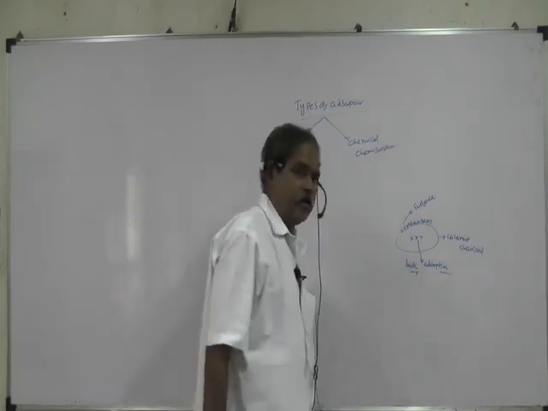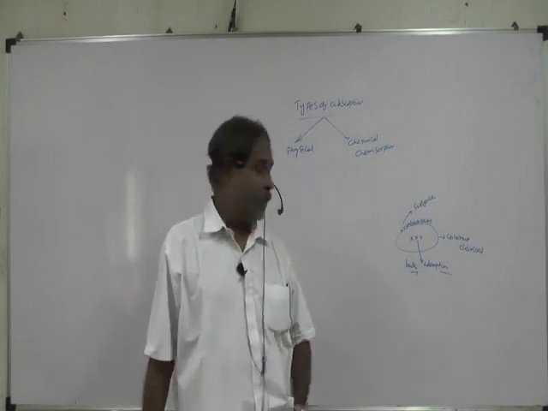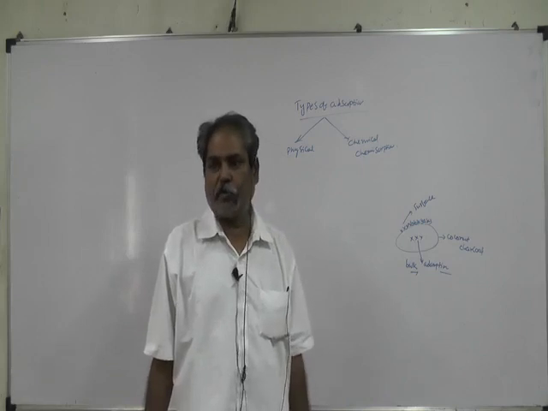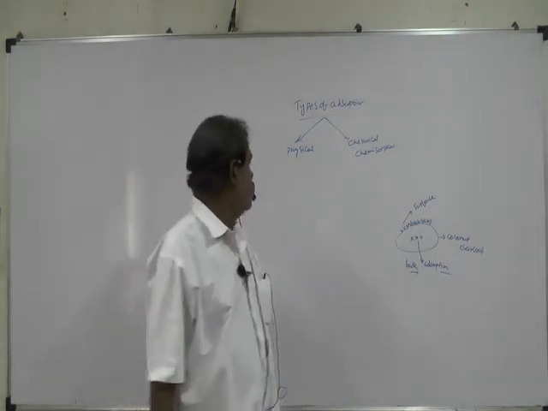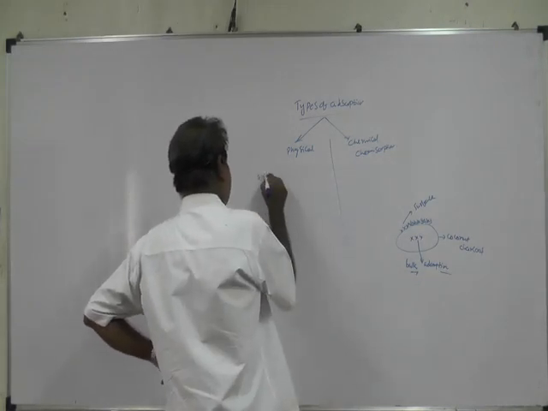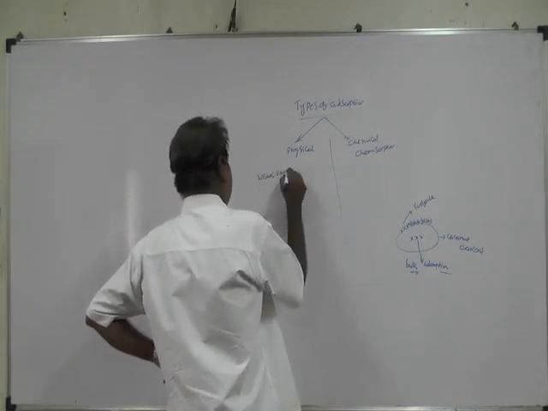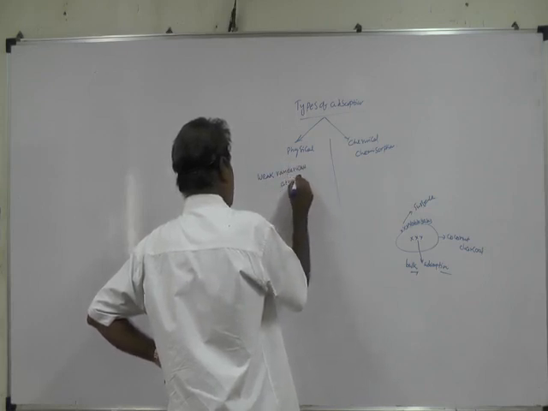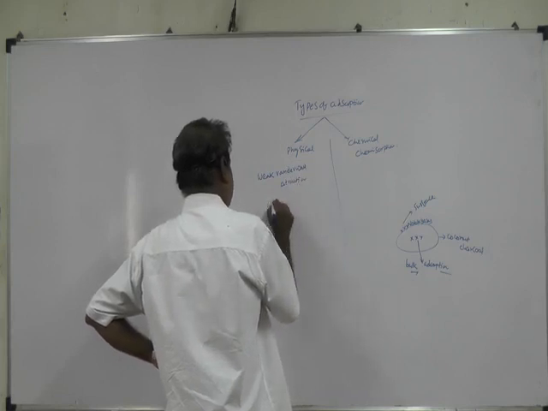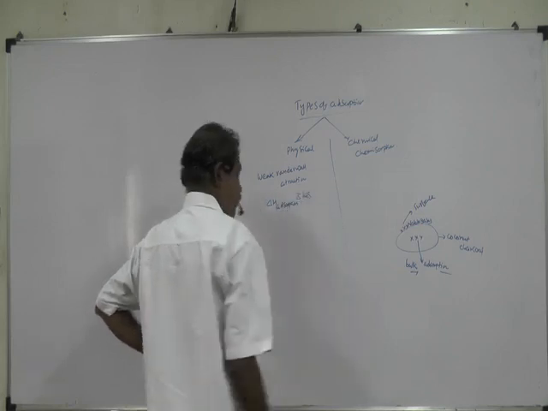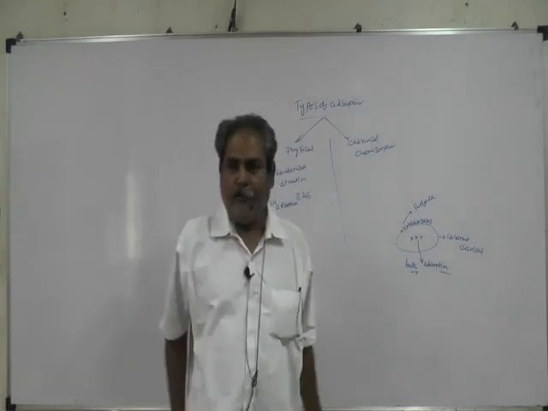Whenever a substance is adsorbed, a part of it is also absorbed, and if both take place, it is called sorption. In physical adsorption, physisorption, it is weak van der Waals force. Weak van der Waals attraction. So the heat of adsorption is less, roughly some 20 to 40 kilojoules, very less.